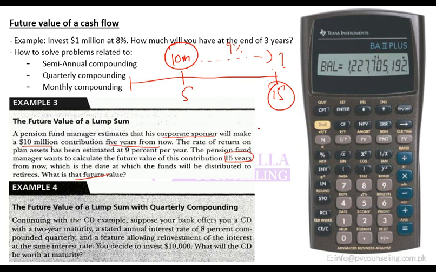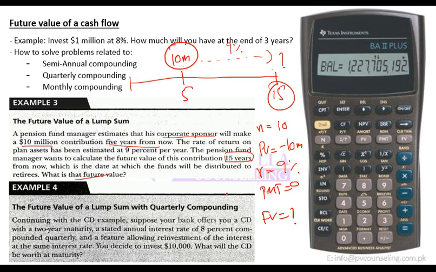So this means your N should be 10, because the number of periods you are taking it forward is 10. N should be 15 minus 5, which is 10, and present value should be 10 million negative. Why am I putting it as negative? Because in the calculator you will need to put it as negative 10 million, and your rate of return is 9%. Your payment is 0. FV you can compute.